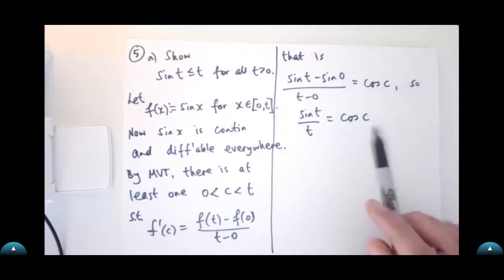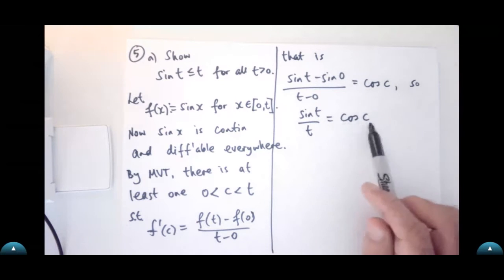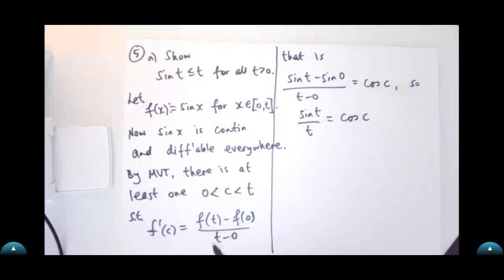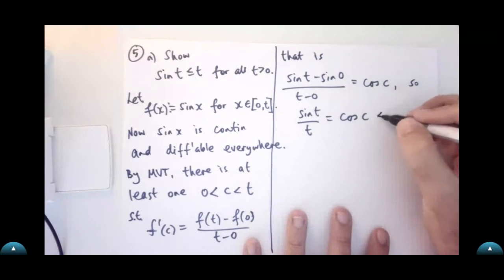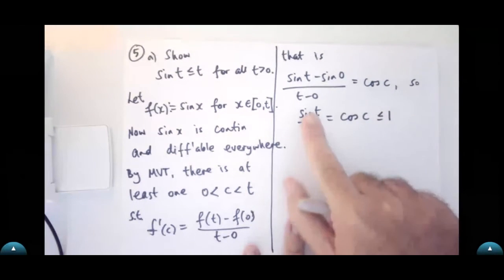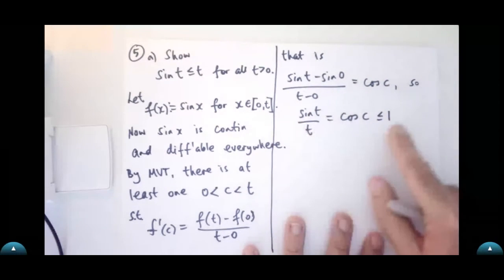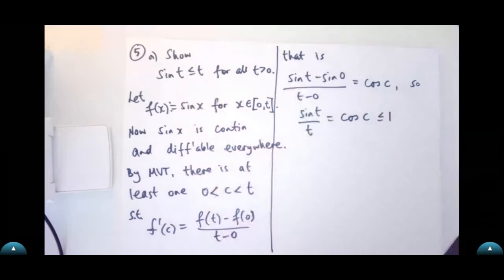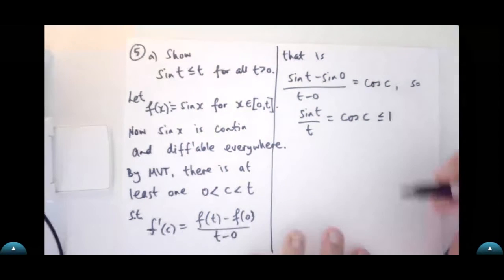Yeah, thank you, Andy. And what is an inequality for the cosine function? What is cosine always less than or equal to? Who can tell me? So what have we got? We've got sine t less than or equal to t. Oh my goodness.